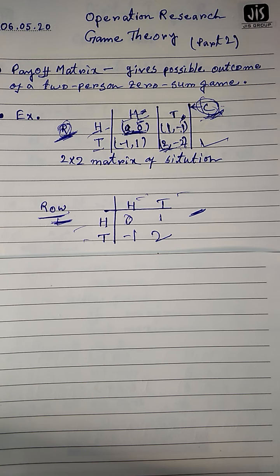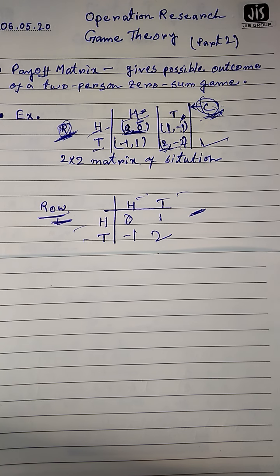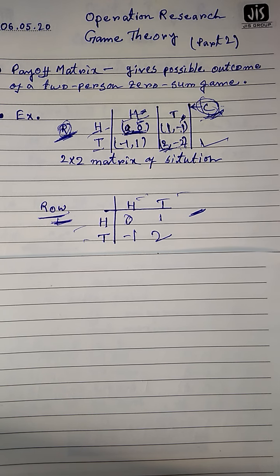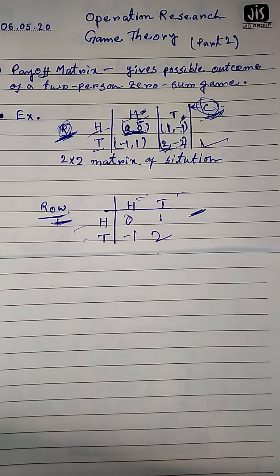Sometimes our conclusion will make more sense when we consider players who repeatedly play the same game. So this is clear about the payoff matrix. Now I will go for the saddle point, where situations occur with a dominance property.